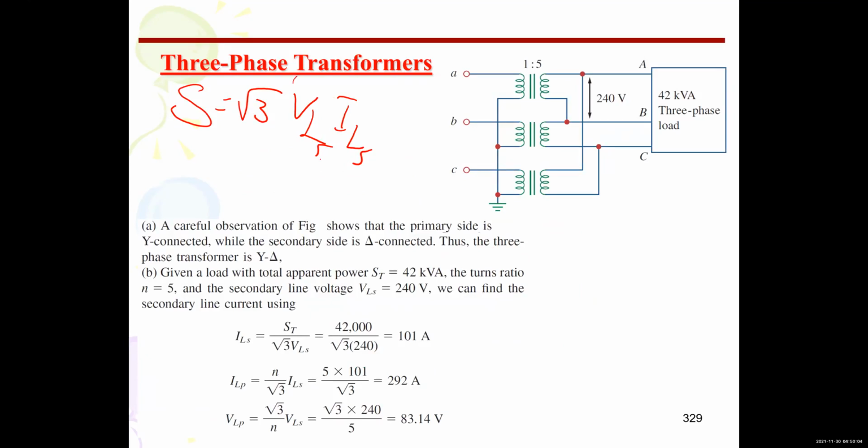So I have 240 given. One way to do it, I can calculate I line secondary by dividing S over square root of 3 times V line secondary.